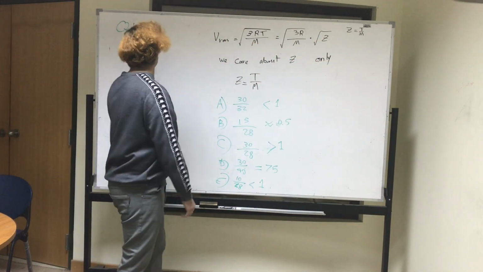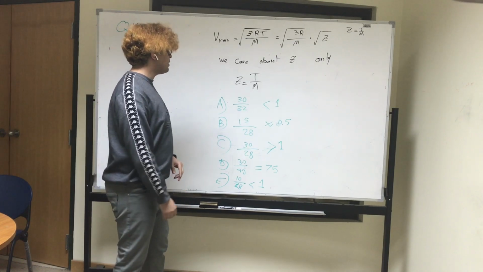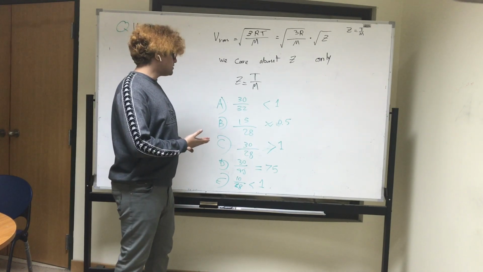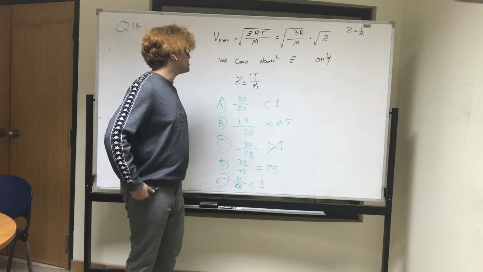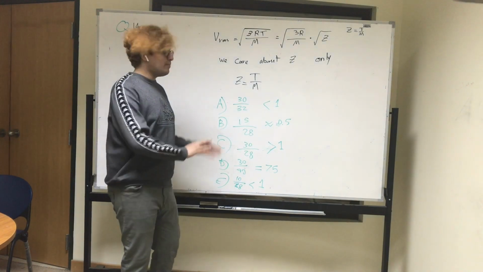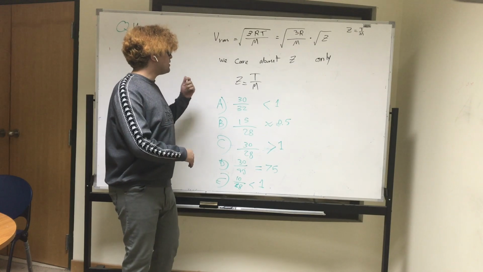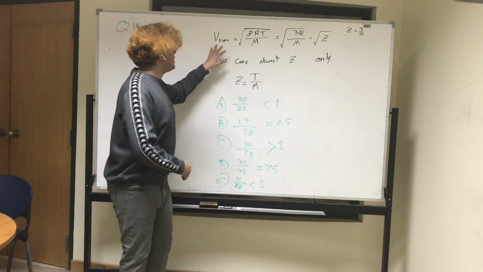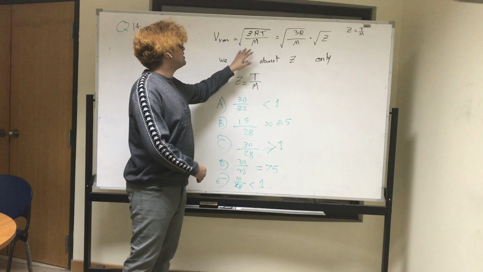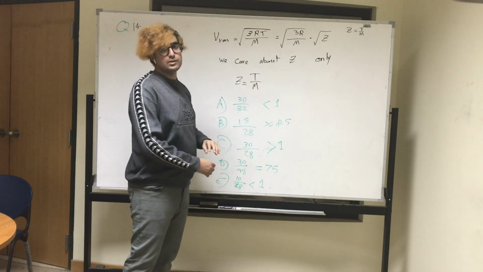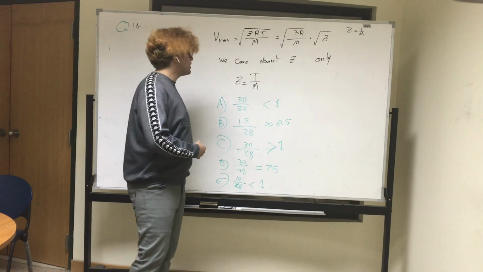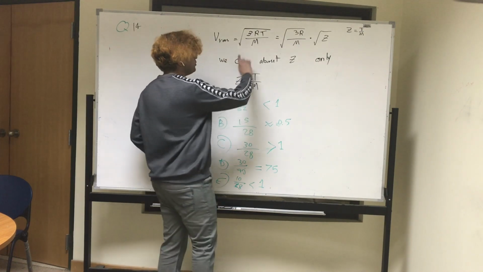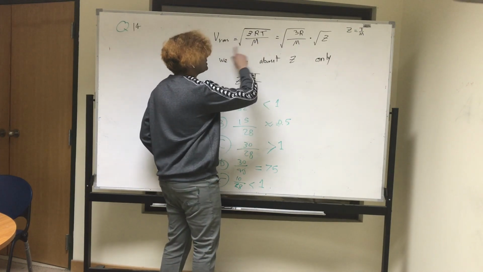So question number 14, we're given the molar mass and the temperature. We're given various molar masses and various temperatures, and we're asked to compare the RMS speed. The RMS speed has an equation that was derived in class, okay? But it's written in your equation sheet. So we care about the temperature and the molar mass.